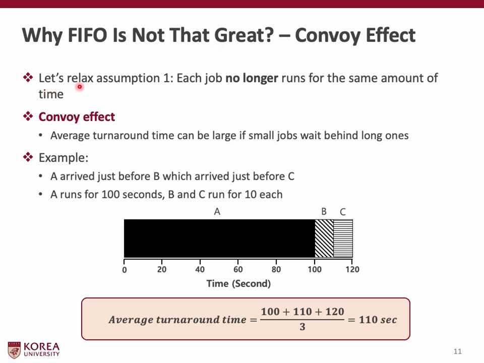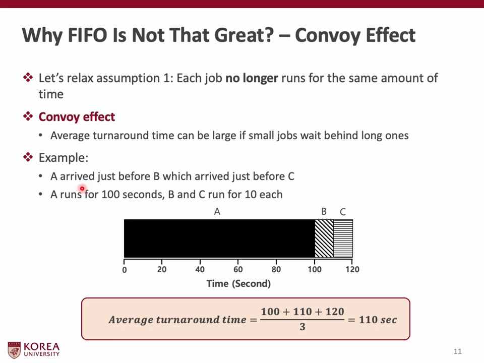Now let's relax our first assumption, which is that all jobs run for the same amount of time. Then what happens if job lengths vary? Okay, let's see this example. In this example, jobs A, B, and C arrive at the same time.